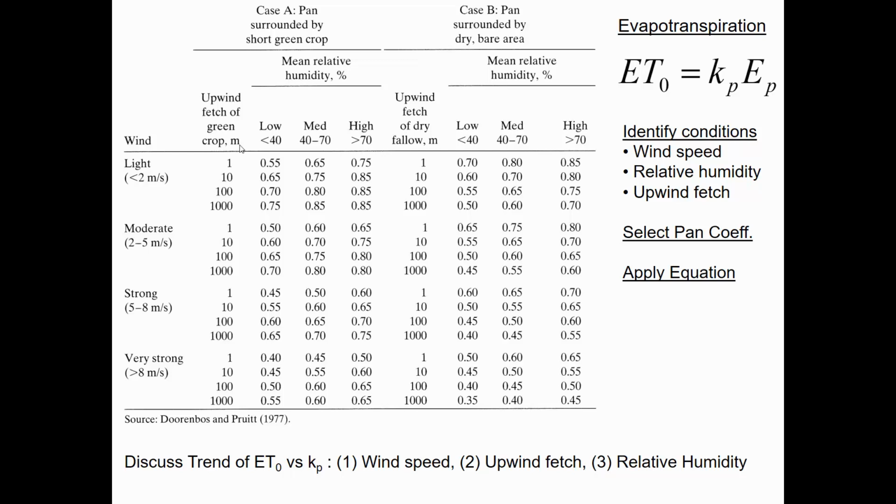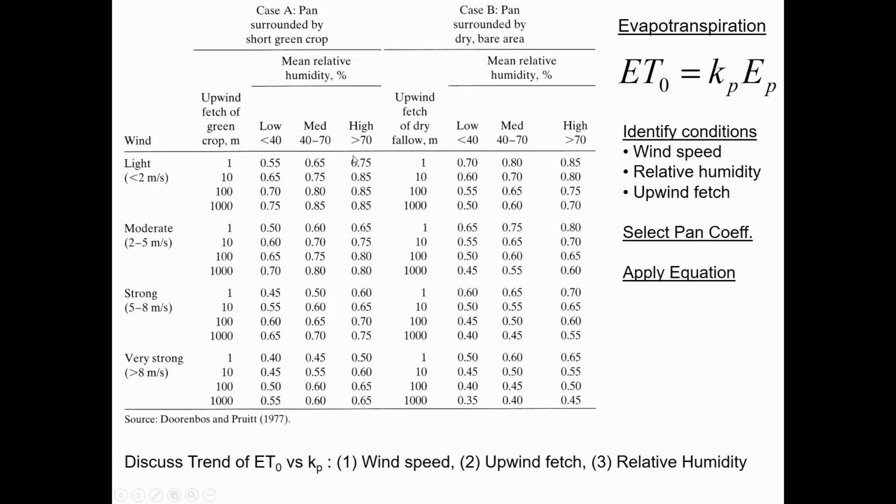And so what this table is saying is that you need to identify how much upwind crop there is before the pan. And if there is less upwind, then the evapotranspiration would be a smaller fraction of the pan evaporation.